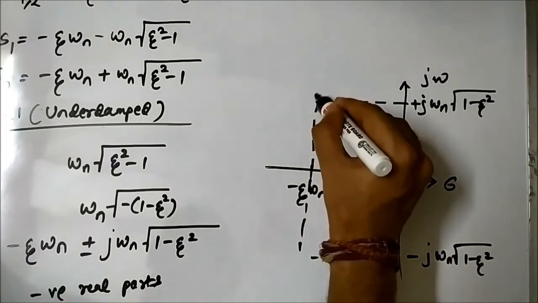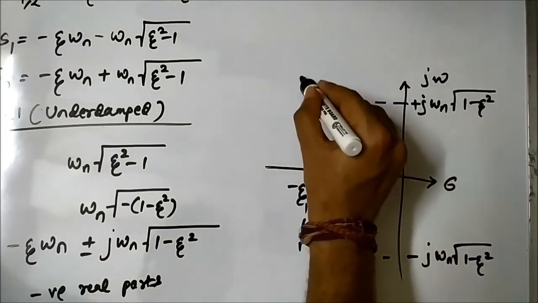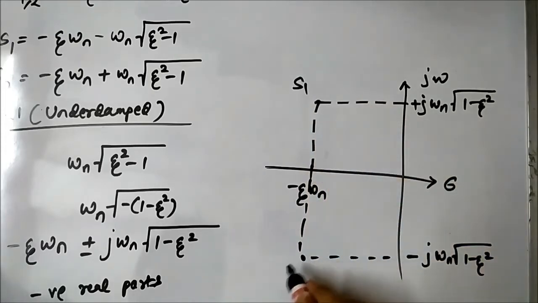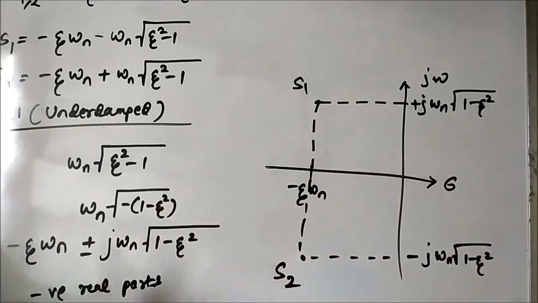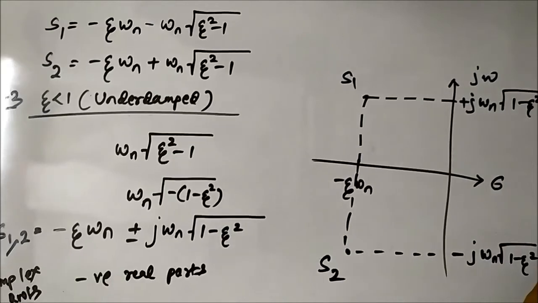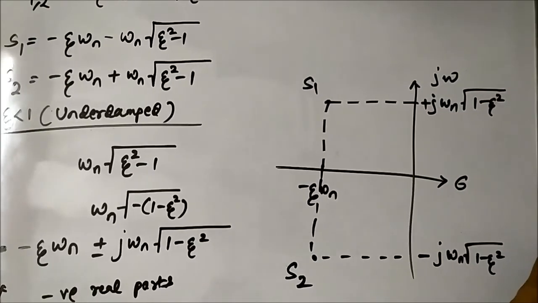Let us call this S1 and this S2. So this is the location or plot of the roots for the underdamped case when zeta is lesser than 1.